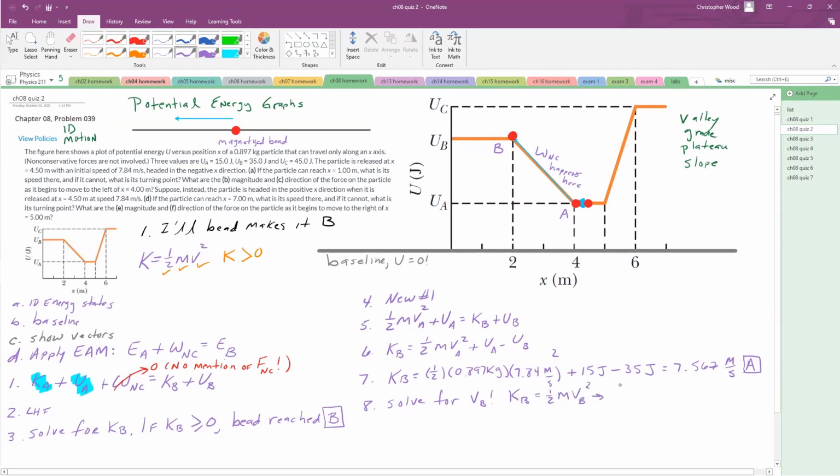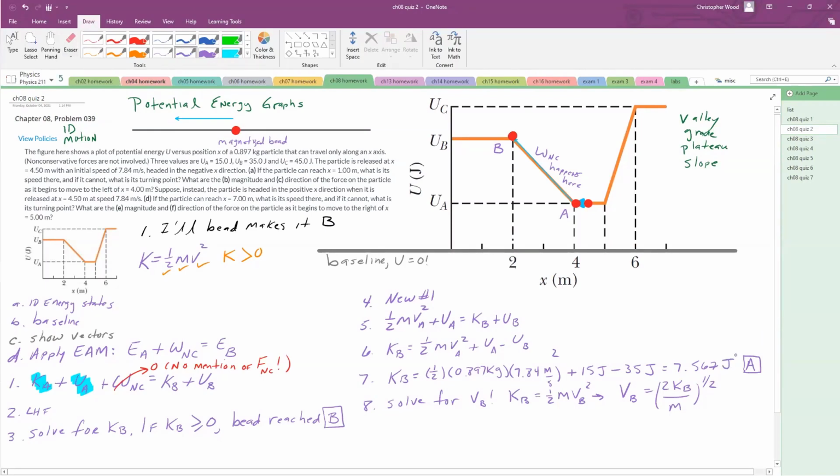Then I can simply say v_B equals the square root of 2 times the kinetic energy at state B, divided by m. And I know everything here. I just figured out K_B, and here's a little mistake. Let me fix this mistake. Units, this should be joules.